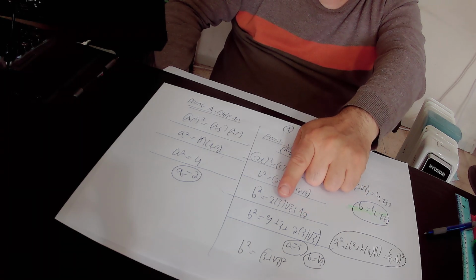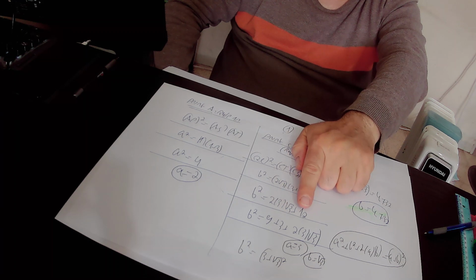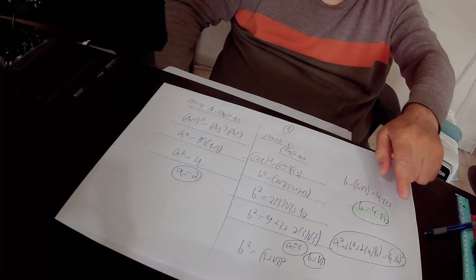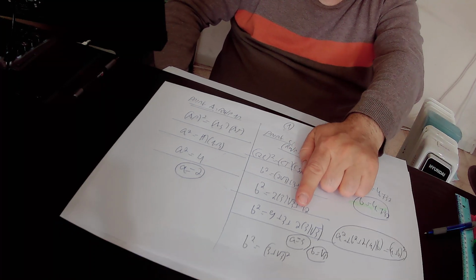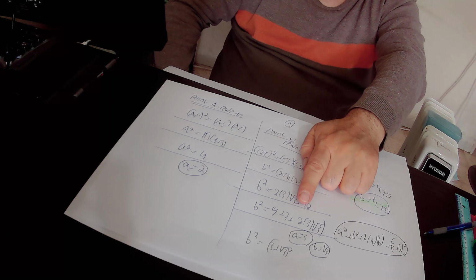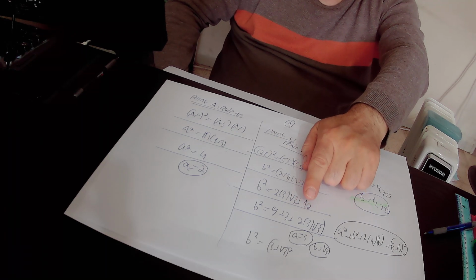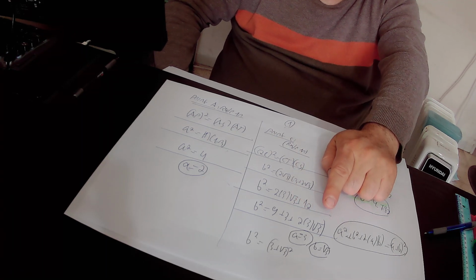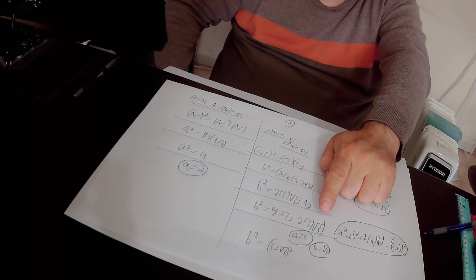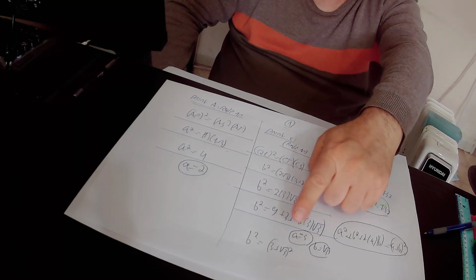So this equation 9 plus 3 plus 2 times 3 times square root of 3 equals A plus B squared. And A plus B squared equals, with A being 3 and B being square root of 3, 3 plus square root of 3 squared.